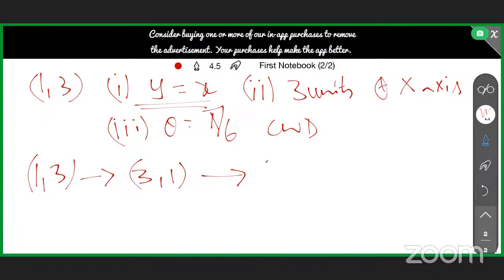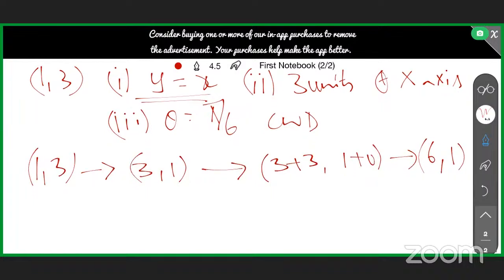That will become 3 comma 1 plus 3 comma 0, that is 6 comma 1. Now, what is the angle of rotation theta? 5 by 6, that is 30 degrees. So I have to find the new coordinates.